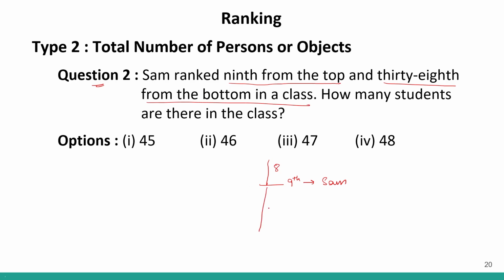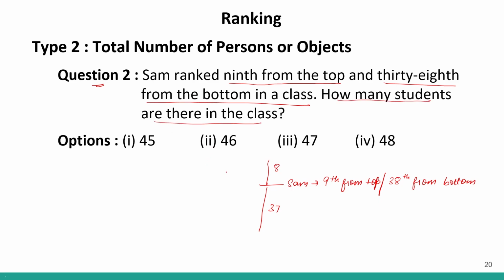That means we have 37 students here. So Sam is 9th from top and 38th from bottom. We have to find out how many students are there in the class.